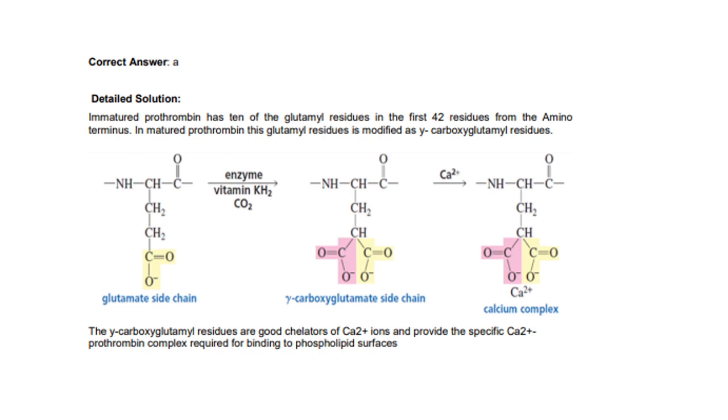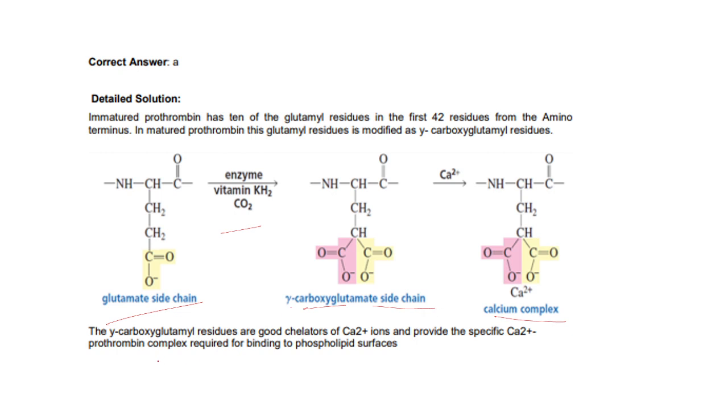So here is the solution we have. The immature prothrombin has 10 of the glutamyl residues in the first 42 residues from the amino terminus. In mature prothrombin, the glutamyl residue is mutated to a gamma-carboxy glutamyl residue. This is the glutamyl side chain with the enzyme vitamin K. In presence of CO2, it will get converted to this gamma-carboxy glutamate side chain, and then it will bind to the calcium.